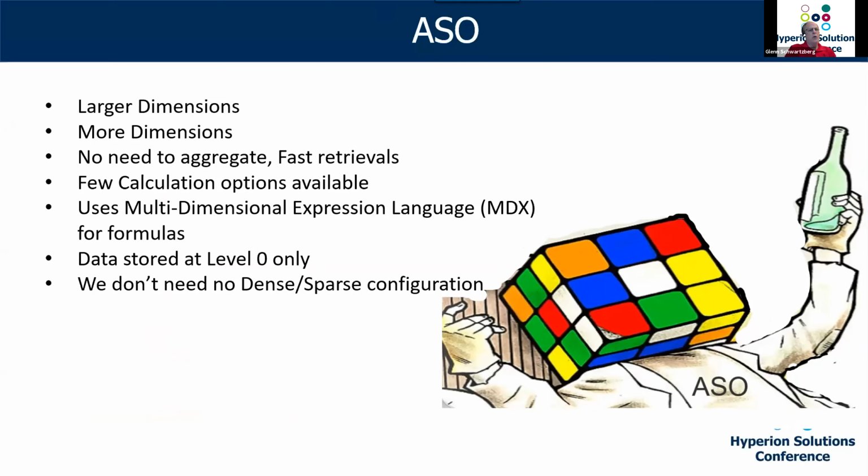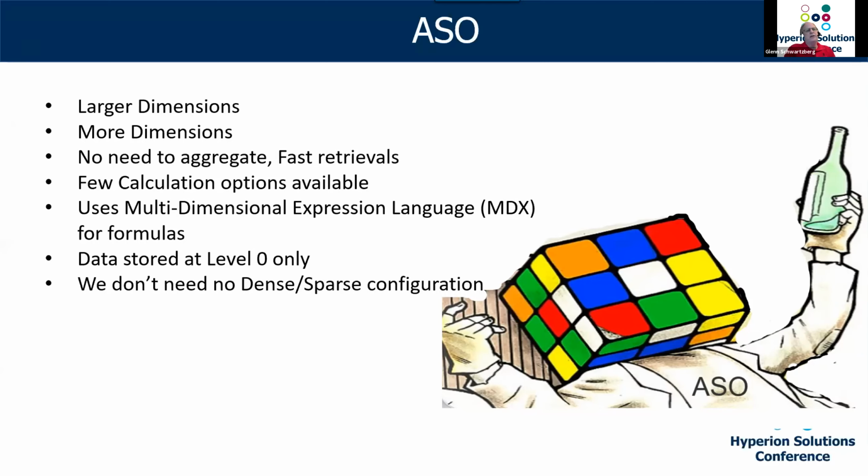We can have a lot more dimensions, and there's no reason for us to aggregate up the database. So it means that we can load the data in, do a retrieval right away at the upper level, and get a result. With the BSO cube, we could have taken hours to do that aggregation. So this really solved a lot of needs.